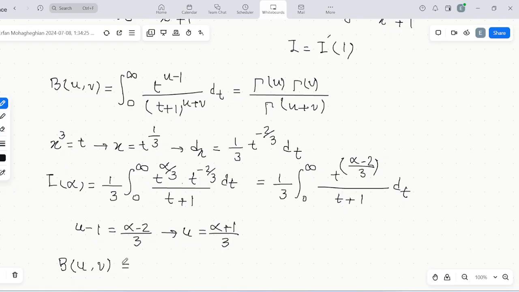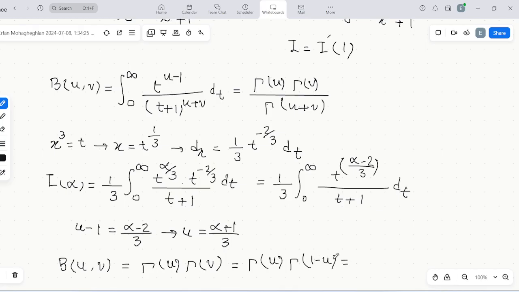We get beta of u comma v equals gamma of u times gamma of v divided by gamma of 1, which is 0 factorial, or 1. And since u plus v is equal to 1, I can write this as gamma of u times gamma of 1 minus u.